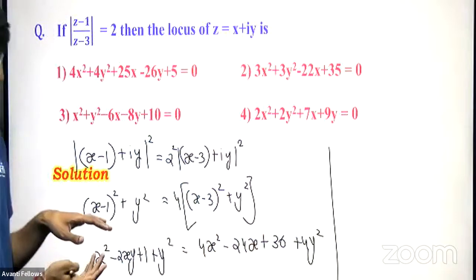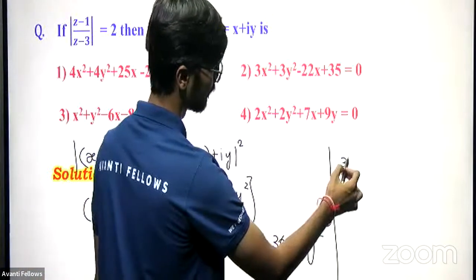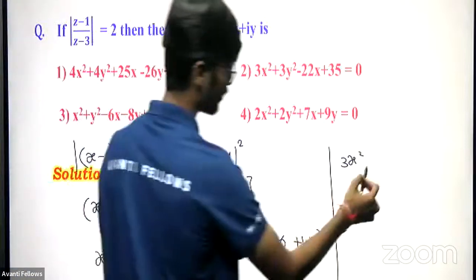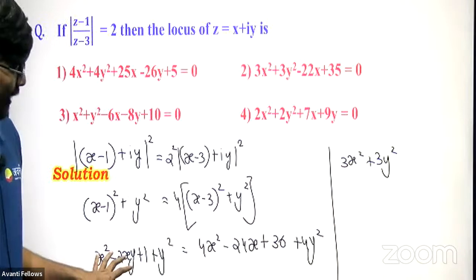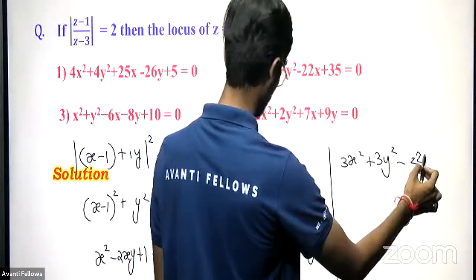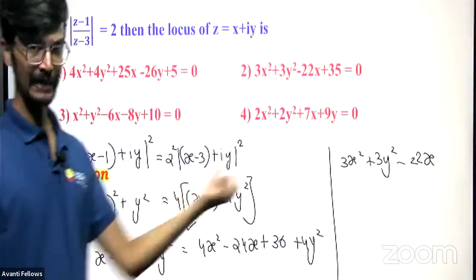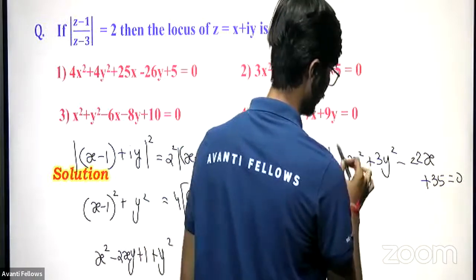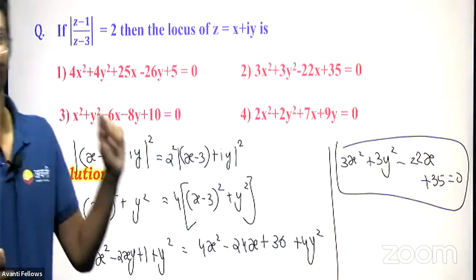So if we take everything on the right hand side, I get 4x square minus x square, 3x square, 4y square minus y square, 3y square, minus 24x plus 2x, so minus 22x. And lastly, 36 minus 1 will be plus 35 equals 0. This is my answer. Could you guess which option it is? Option number 2.